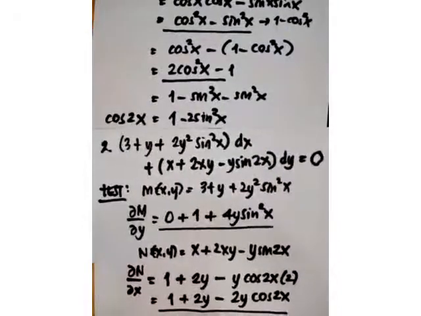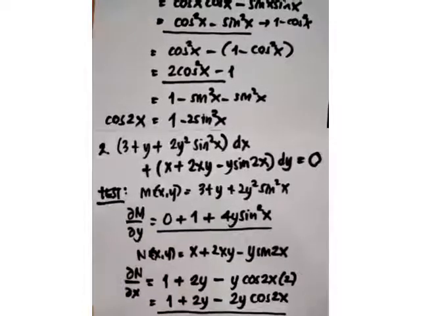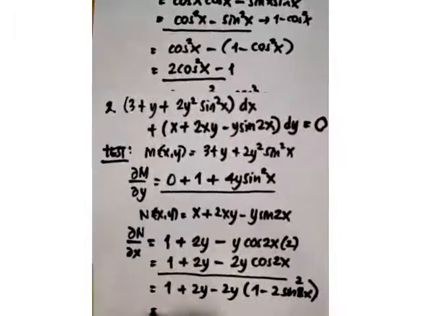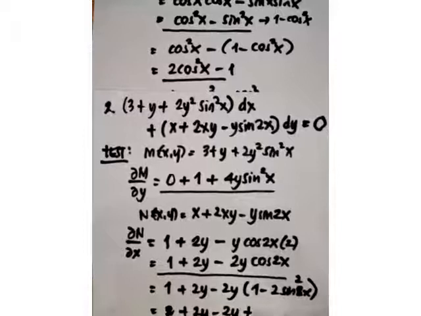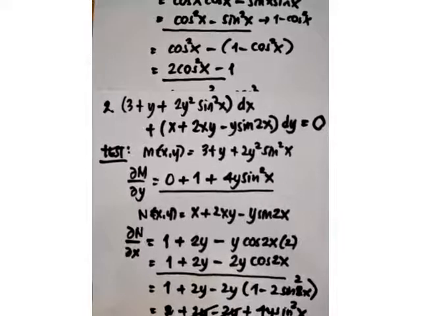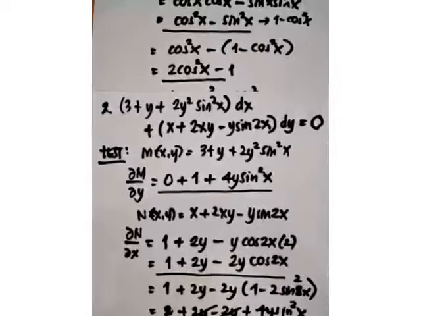So therefore, let's try to transform. So 1 plus 2y minus 2y times 1 minus 2 sine squared x. So that's equal to 1 plus 2y minus 2y plus 4y sine squared x. So that's equal to 1, the 2y cancel, plus 4y sine squared x. Are they equal?